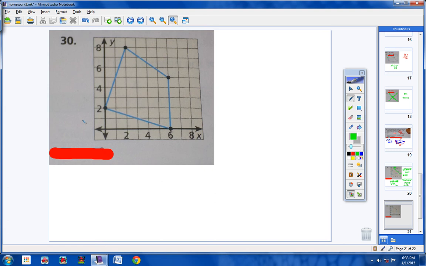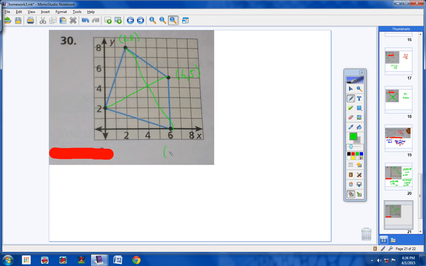Now I could be wrong, but this really looks like we have perpendicular diagonals again. It really does. So I'm going to very quickly find the slope of these two diagonals and see if they're perpendicular. This point here is (2, 8). This point here is (6, 5).